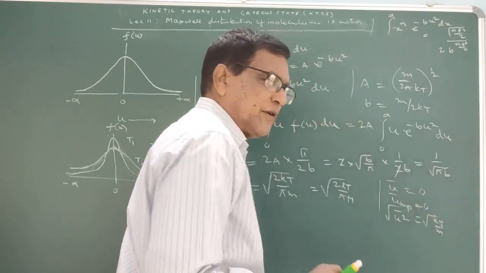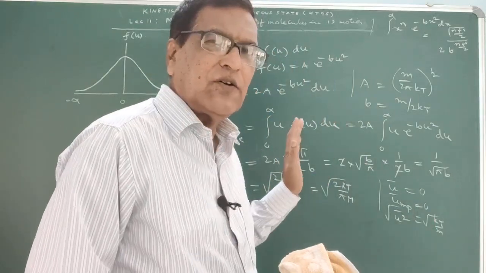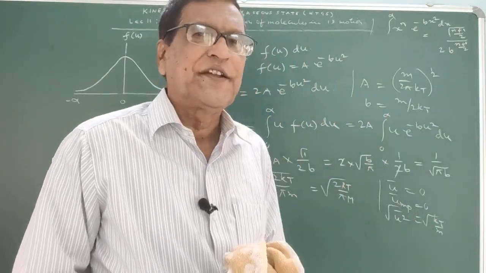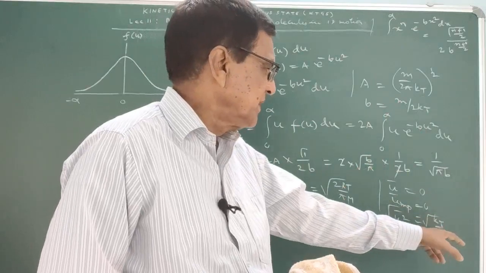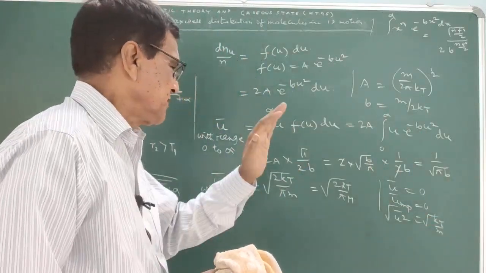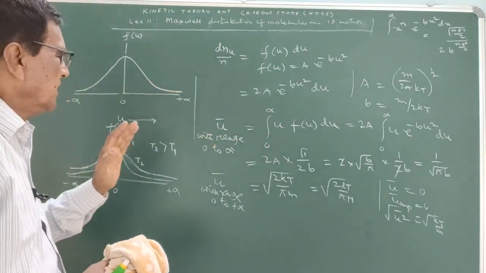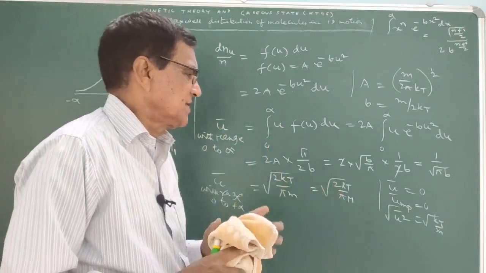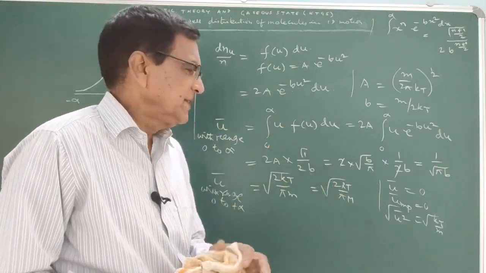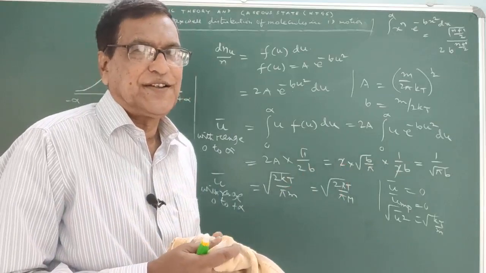This could be obtained from the average x component kinetic energy of the molecules. So this is root over kT by m. Here, whenever it is moving in one dimension, in a particular direction, 0 to plus infinity, it becomes like this. And you can see why this value is so important.